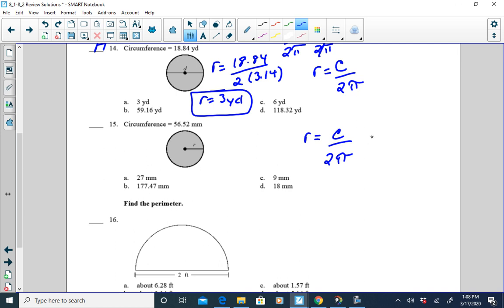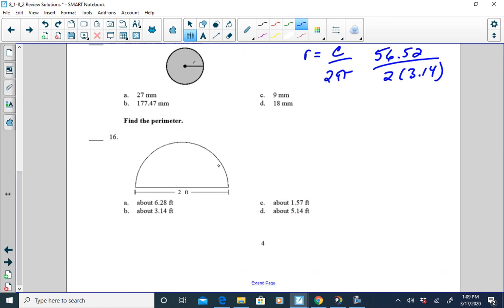We're told that the circumference is 56.52, so we're going to divide that by 2 times 3.14. You guys can do that with your calculators. 56.52 divided by 2 times 3.14. So that's 6.28, and we wind up with 9. Answer C. It would be 9.